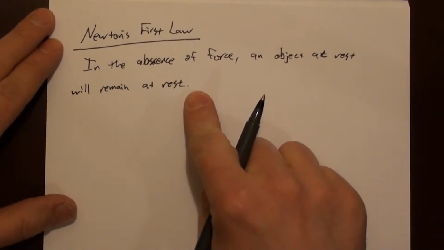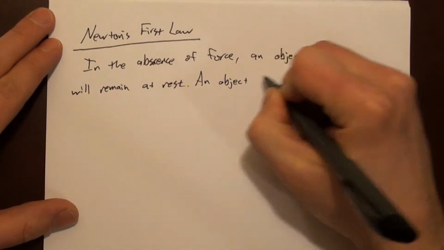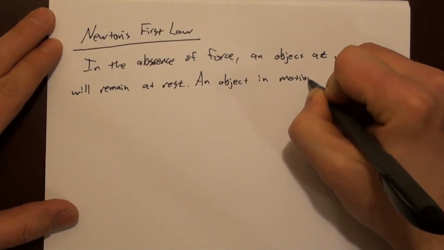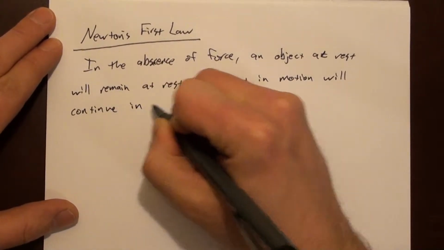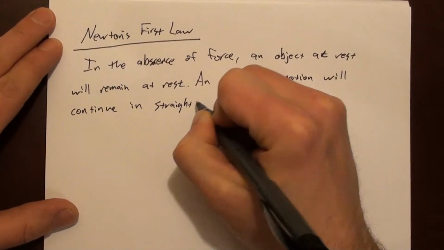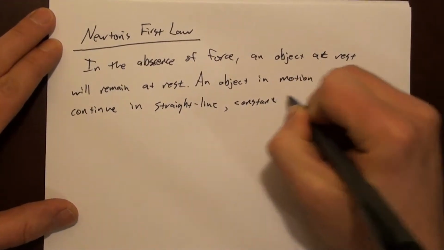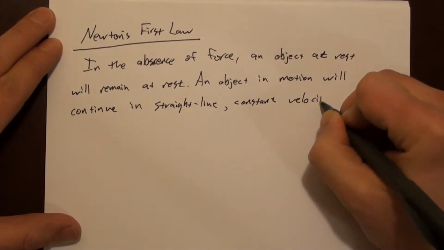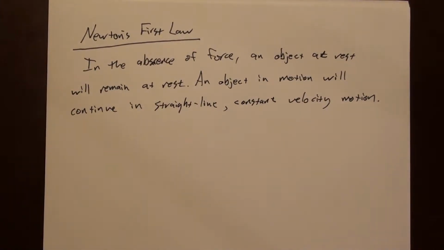The other iteration of this is an object in motion will continue in a straight line, constant velocity motion. Right? Meaning that it's a force that causes something to slow down or speed up or change directions.